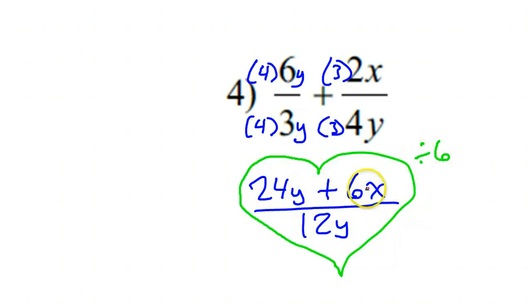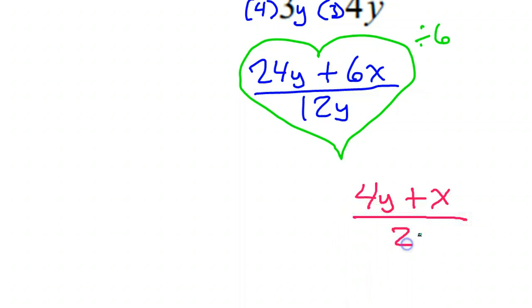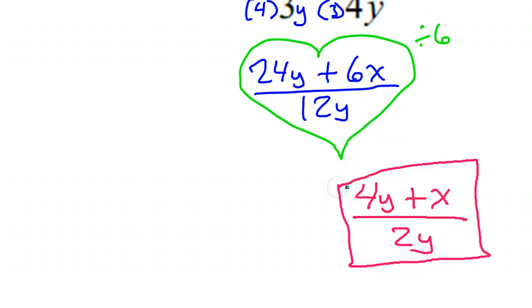So if we divide all of these by 6, that will give us our final answer: 24 divided by 6 is 4, so 4y plus x over 2y.